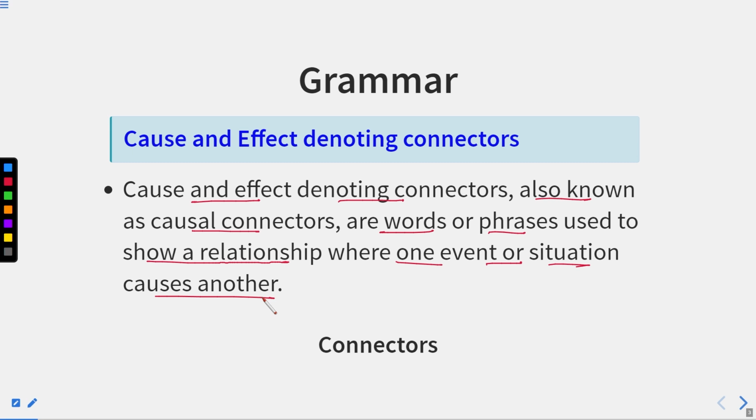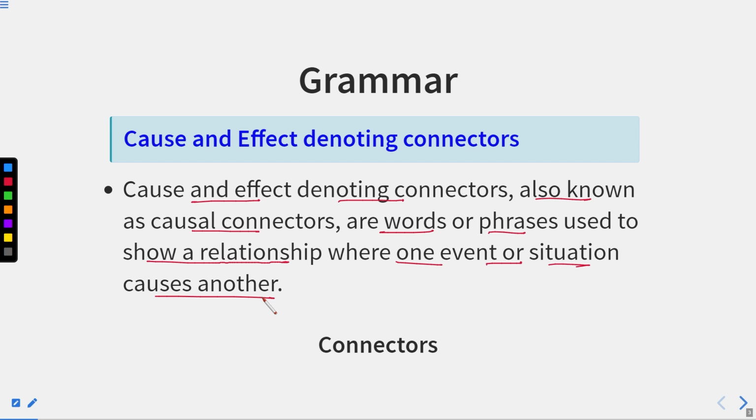So when we join these types of situations together, the connectors that we use are known as cause and effect denoting connectors. Or whenever we get some result or outcome and it is caused by something else, we put together the cause and effect, and the connectors that we are using are known as cause and effect denoting connectors.